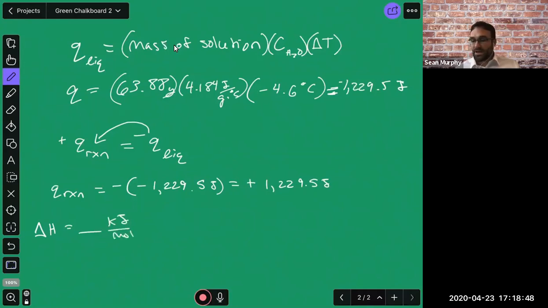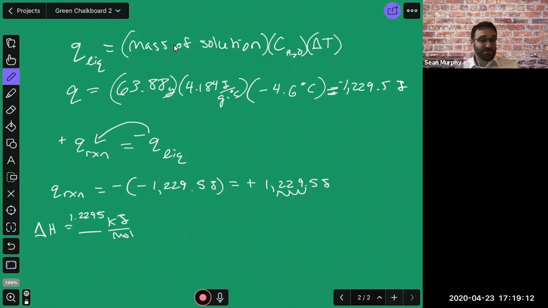So we have joules. Let's do a quick conversion. If we convert this to kilojoules, we're just moving the decimal place over 3 spots to the left. Therefore, we have 1.2295 on the top. Now let's solve for the denominator.